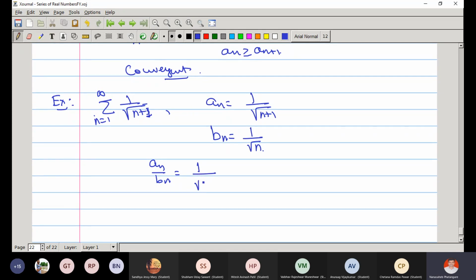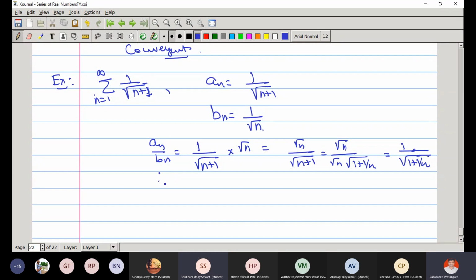And therefore what is a_n upon b_n? And then what is the limit? The limit of a_n upon b_n is 1.